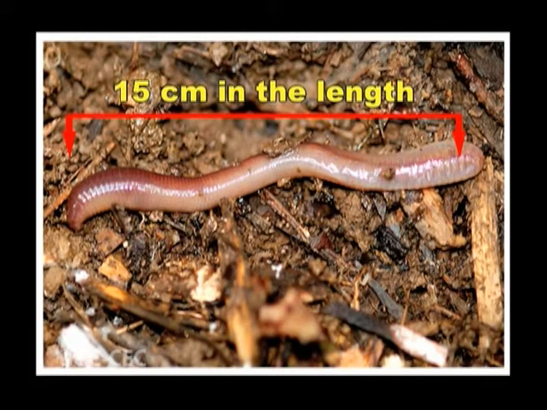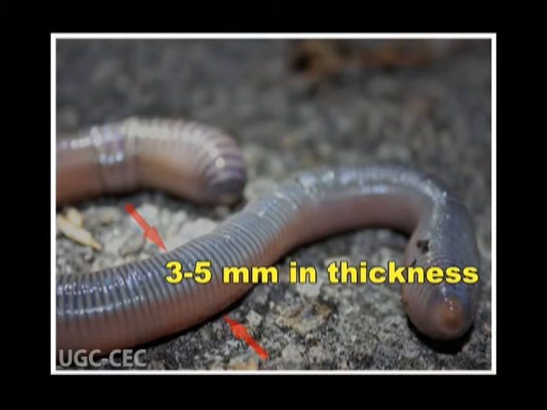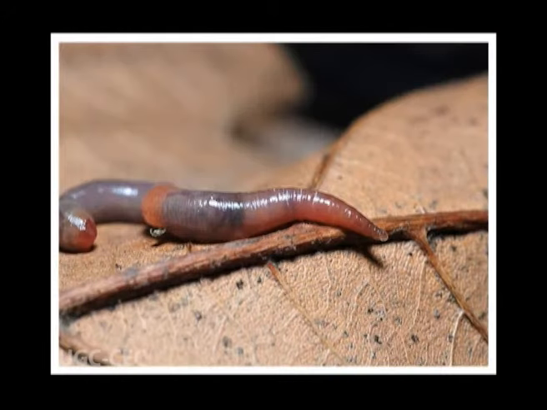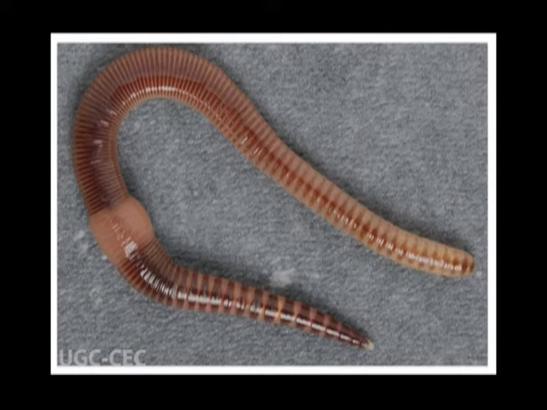External segmentation corresponds with the internal segmentation of the body except a few segments at the anterior end. A mature worm measures about 15 cm in length and 3 to 5 mm in thickness. The living worm is glistening deep brown in color. A dark median line running along the body further distinguishes the dorsal surface.